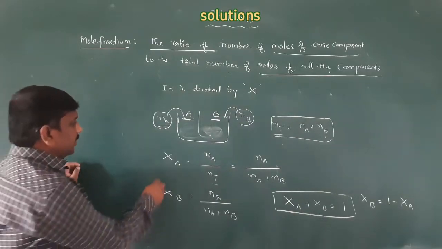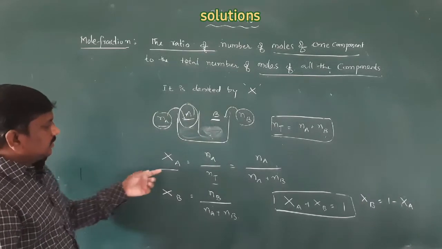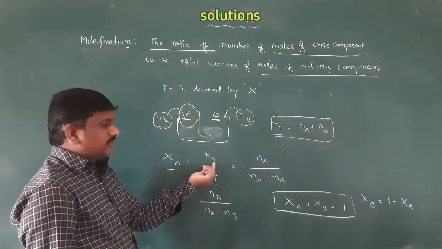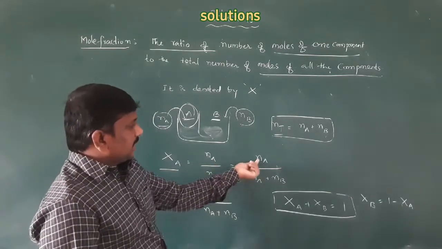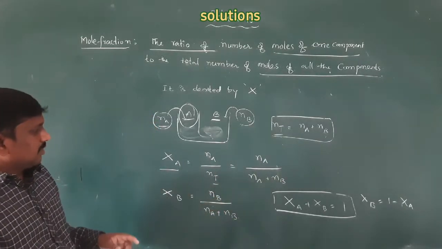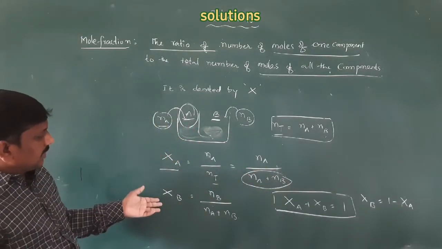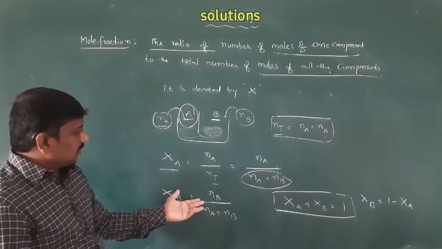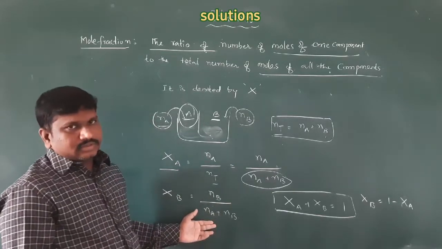Now we have to find the mole fraction of component A. That is equal to the number of moles of A by total moles, that means NA by NA plus NB. Similarly, the mole fraction of B you can find: moles of B by total moles.